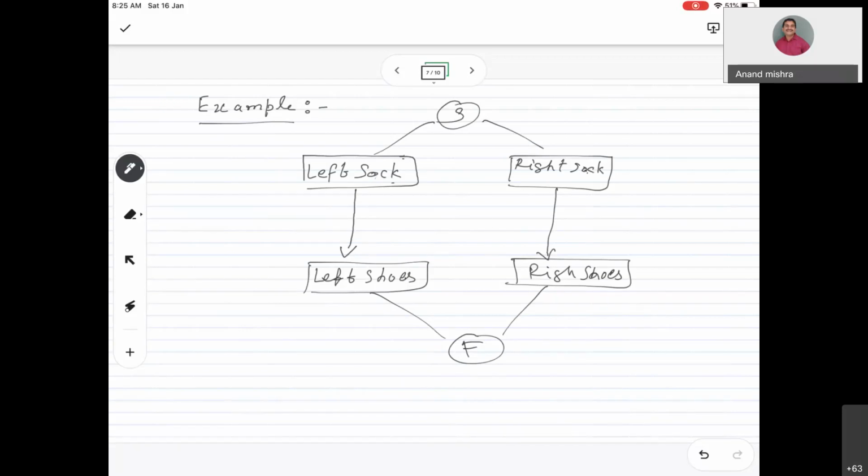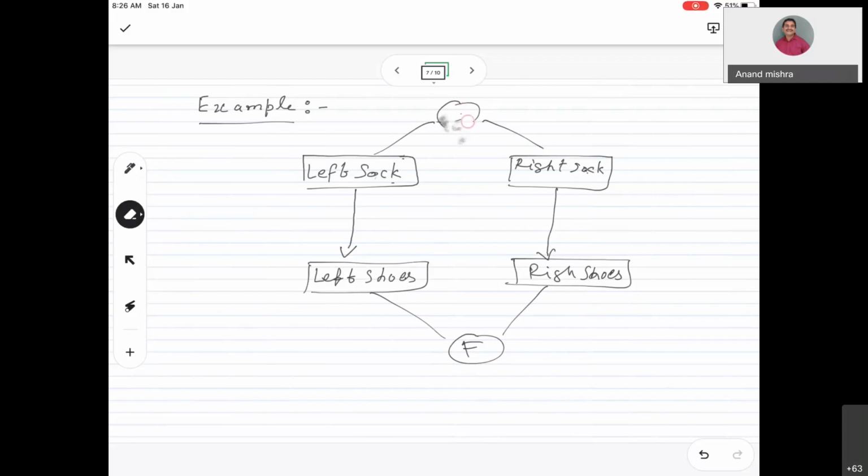For any of these planning problems, what we do is we add two dummy operations. One is called the start operation, and one is called the finish operation.